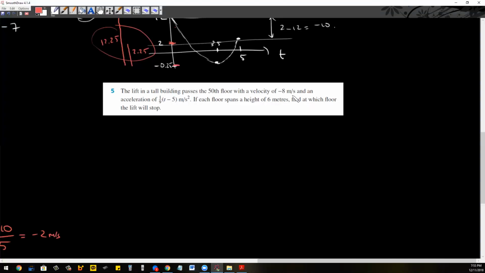The first question that I'm asking is, when does the time start? Does it start on the 50th floor? Or does it start from the 0th floor, first floor? So not much information is given.